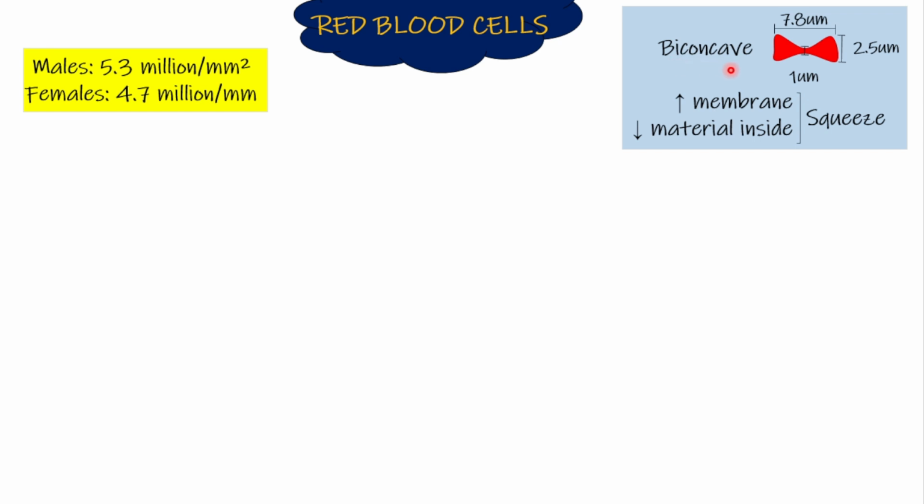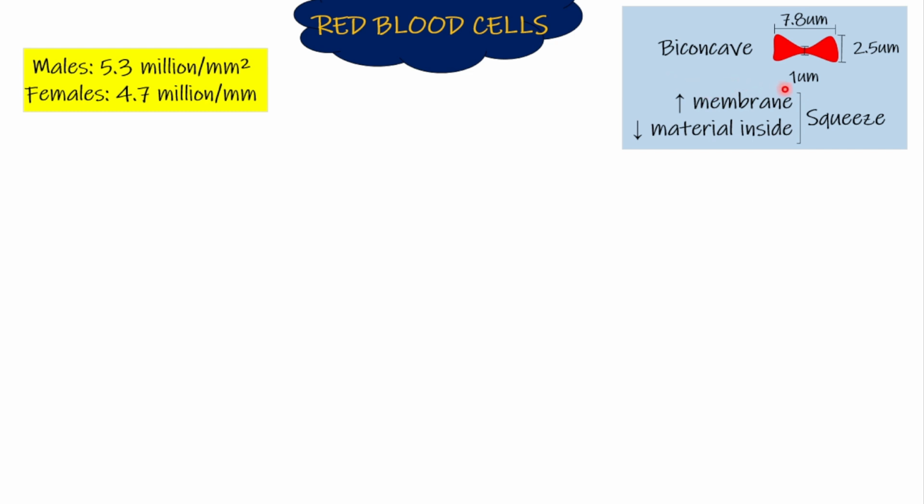Now, what is the significance of this structure? Basically, the amount of the membrane of the RBCs is relatively greater as compared to the material inside the RBCs. So the material inside the RBCs is less, whereas the membrane outside is in greater quantity.